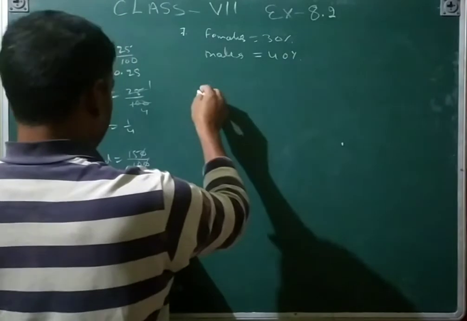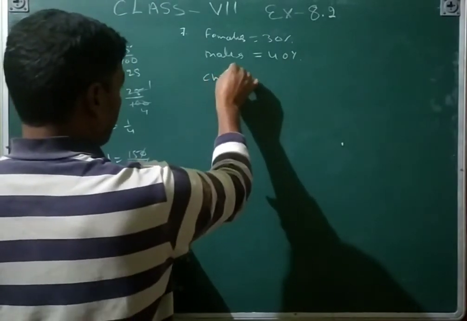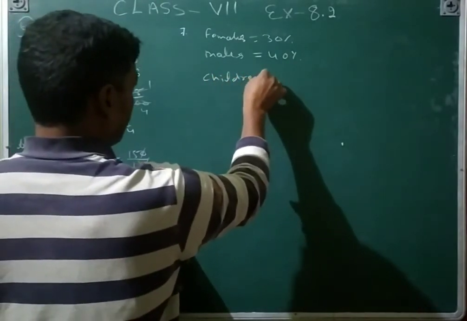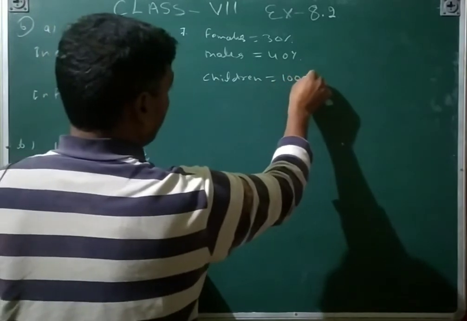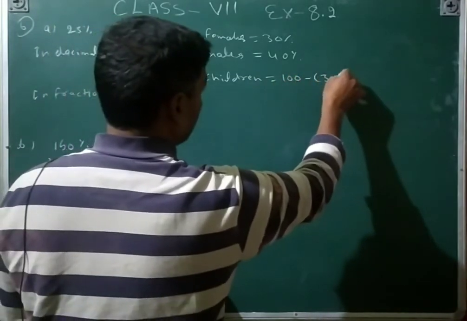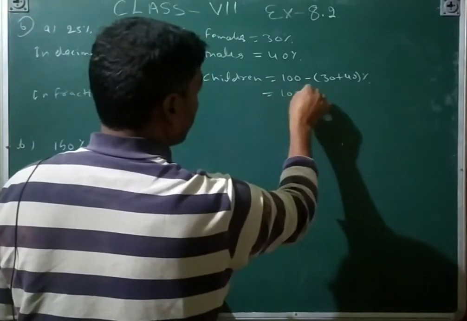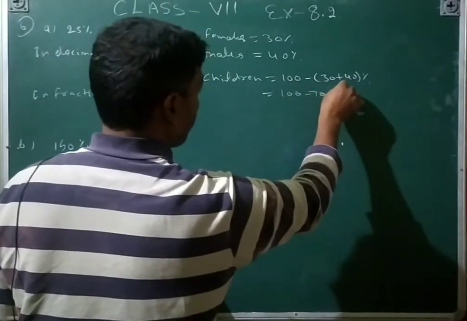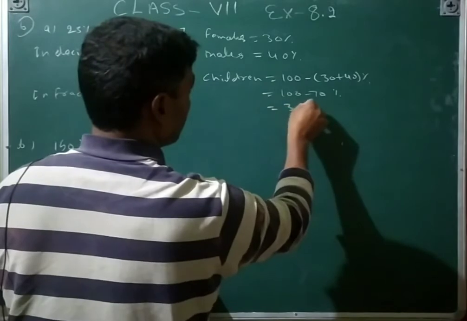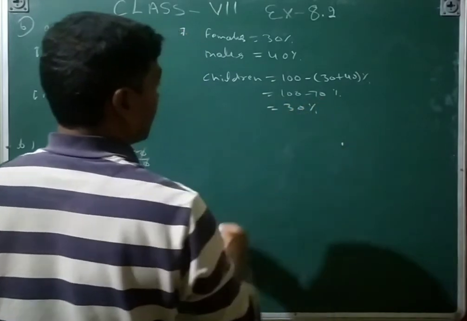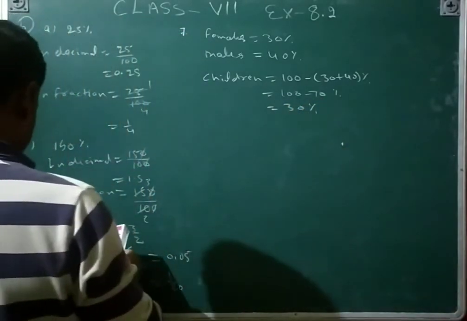So children is equal to 100 minus the sum of these two. So that is 100 minus 70, which is 30%.